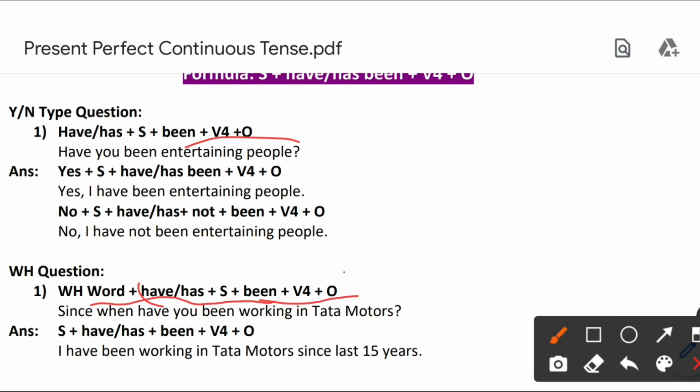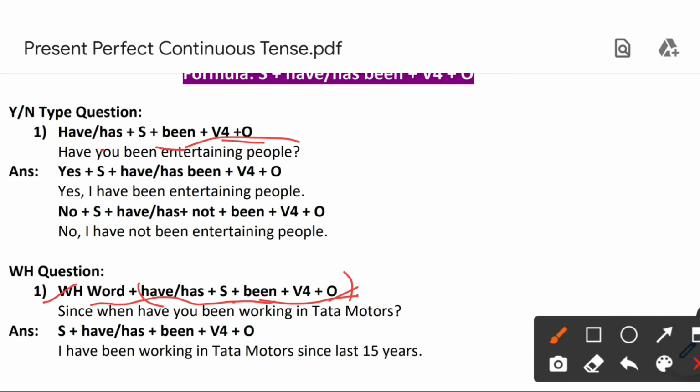From have or has till object: have or has plus subject plus been plus V4 plus object. So just before that, I have added a WH word.